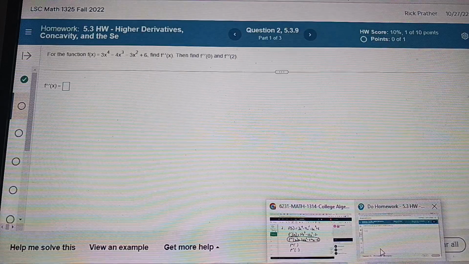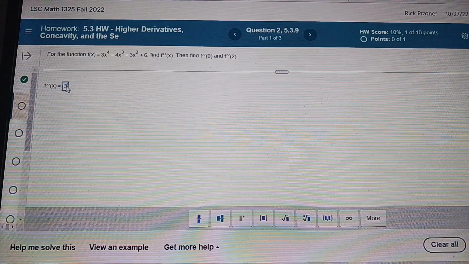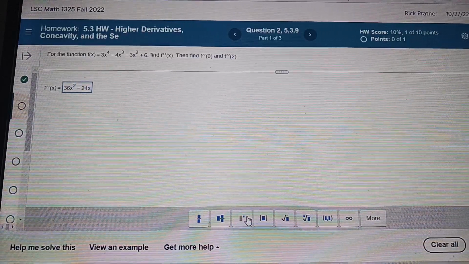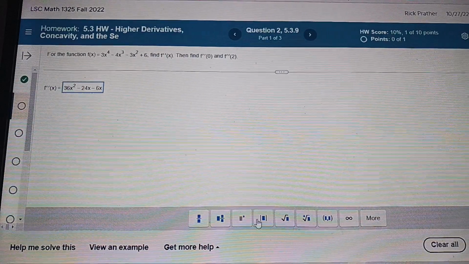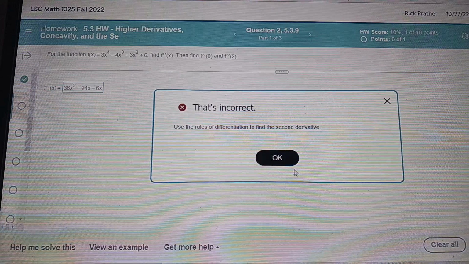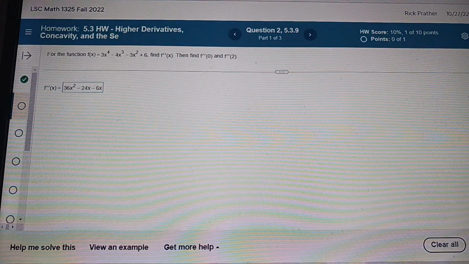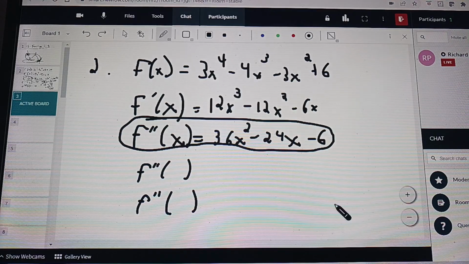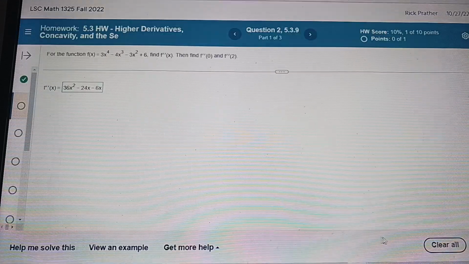So 36x squared minus 24x, minus 6. Oh, yeah, I left off the x. Okay, duh. It's right there. See, there's a brain cramp type mistake that happens to anybody.